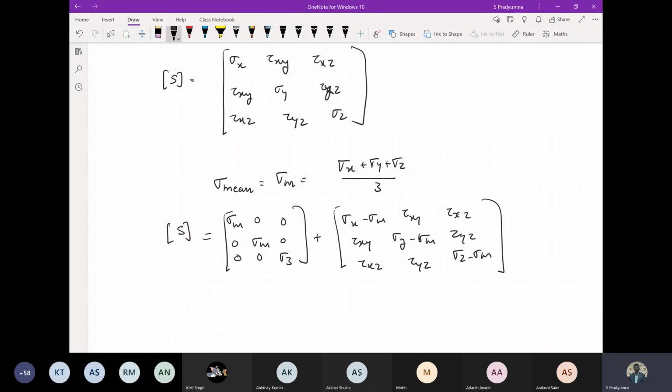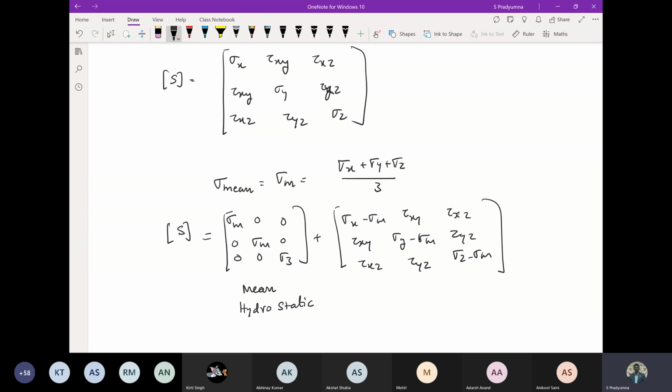So one we call the mean state of stress, also known as the hydrostatic state of stress.